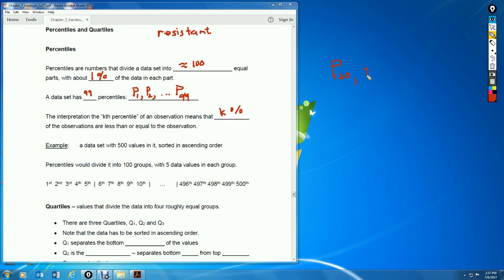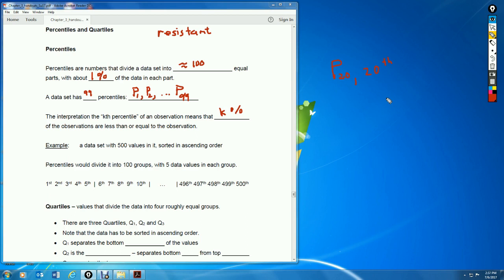So that means the 20th percentile. Okay. So in other words, about 20% of the data values would be less than that one, and about 80% of the data values would be greater than that. Okay? So if you're in the 20th percentile, then you're closer to the bottom than you are to the top.